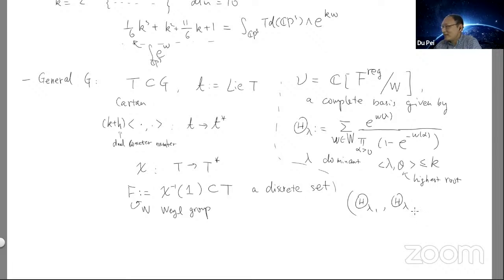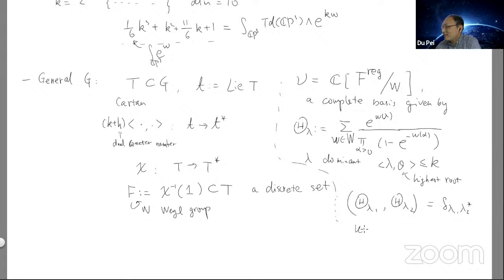And then you further demand that this inner product is given by delta lambda 1, lambda 2 star. So it's non-zero only when lambda 1 and lambda 2 are dual representations.